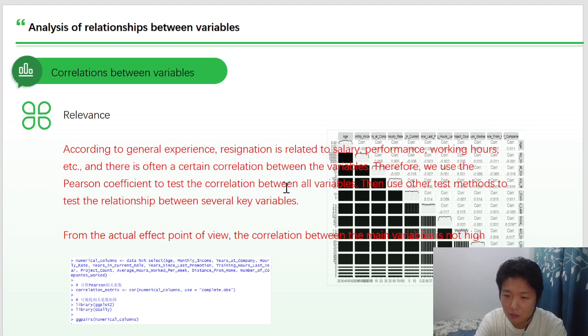But all the results are small, like 0.009 or 0.014. I think all are small, so it means the correlation between the main variables is not high.